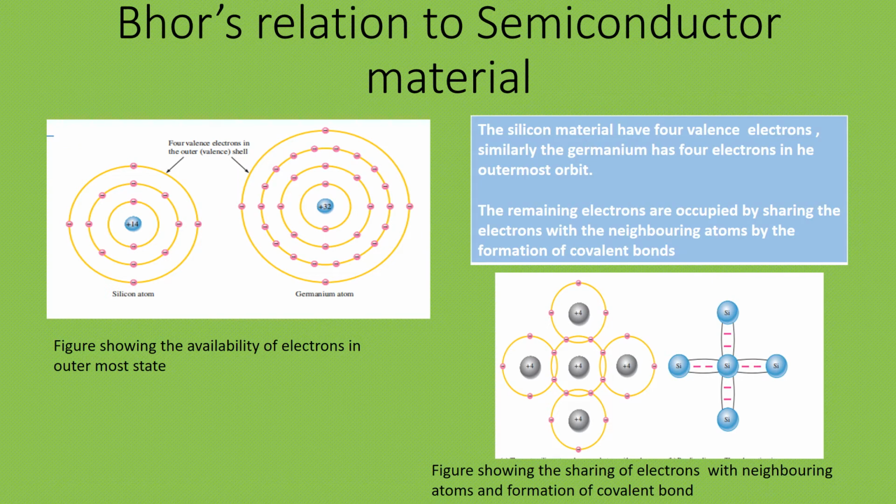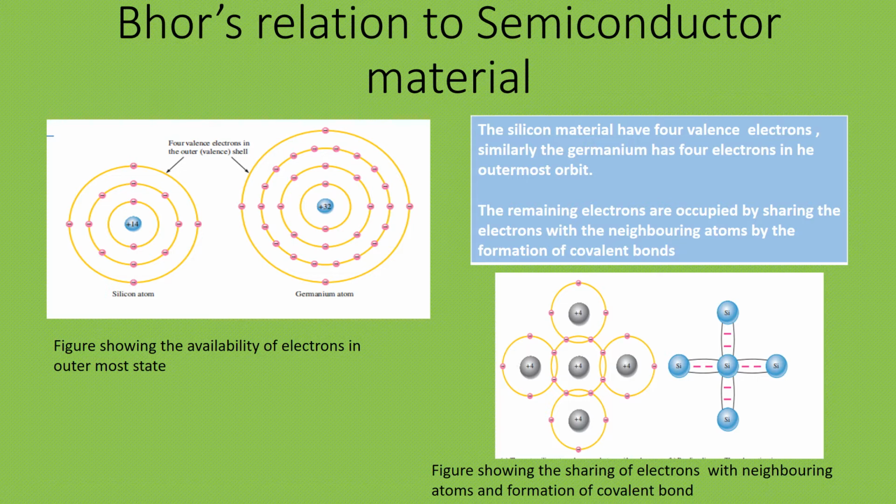Bohr's relation to semiconductor material. In the previous slide, you have seen that in order to attain stability, atoms try to attain it by sharing electrons with the neighboring atoms in a material. Assume that this is a semiconductor slab and these are the atoms present in that semiconductor.